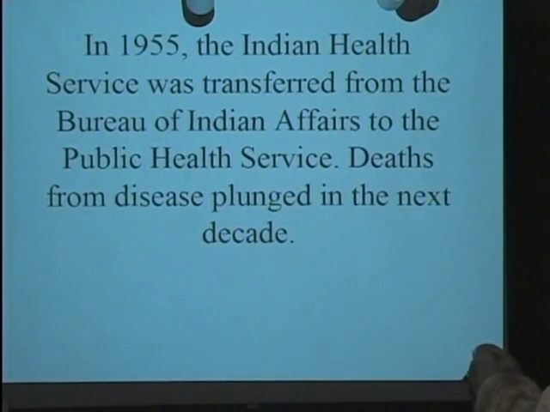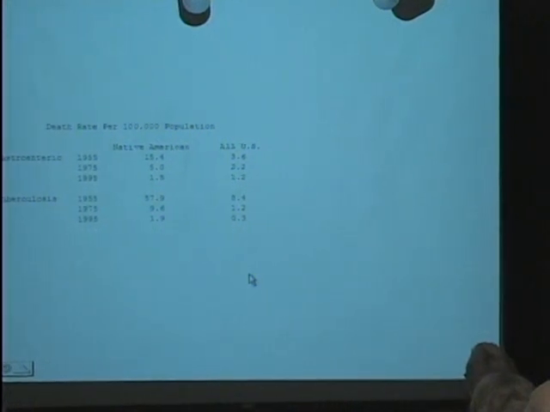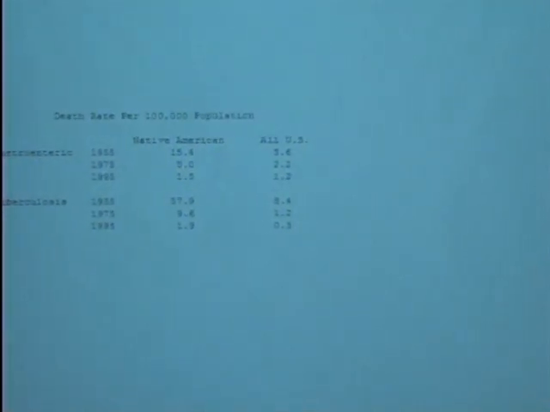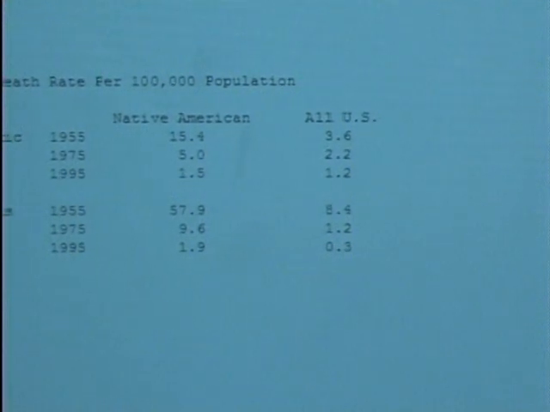The Bureau of Indian Affairs has been a troubled agency from its beginning and is to this day over things like oil contracts, and there's a lot of corruption and that sort of thing. And this was a very fortuitous event for Native Americans because the Public Health Service were professionals, physicians, nurses, epidemiologists, environmental health specialists who knew what to do about many of the problems that were plaguing people in the Indian Health Service.